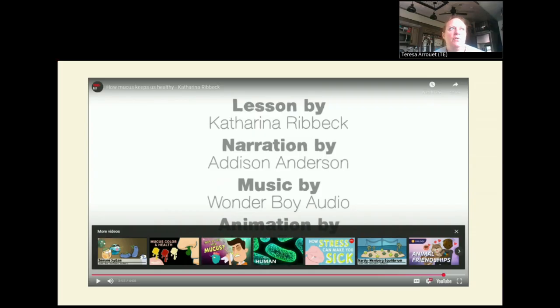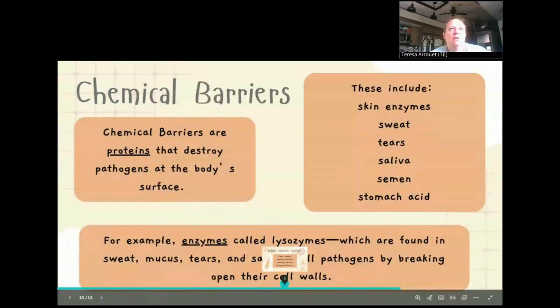So if you feel like you're sick, but your mucus is white, then it's probably just allergies. But if you feel like you're sick and your mucus is yellow or green, then that means that you have an infection and you probably need to go see a doctor. So that's really important information that you need to know moving forward in life. You need to know when you're sick and when you're not sick.